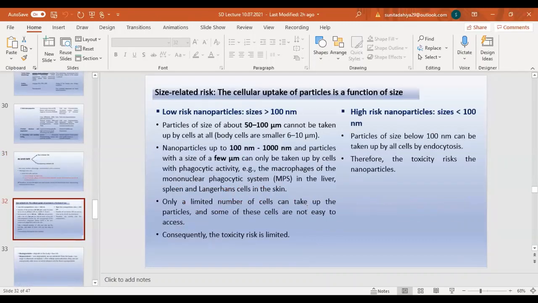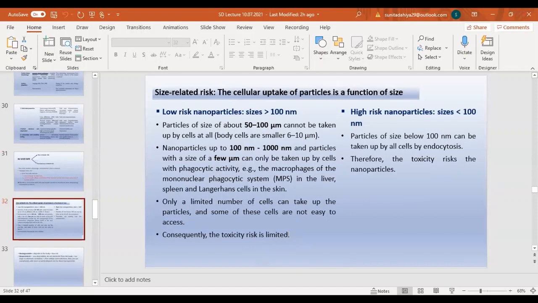Based on the research which has been carried out, there are some conclusions based on size: particle sizes less than 100 nanometer are at high risk, whereas particle sizes greater than 100 nanometer are known as low risk nanoparticles. Right?